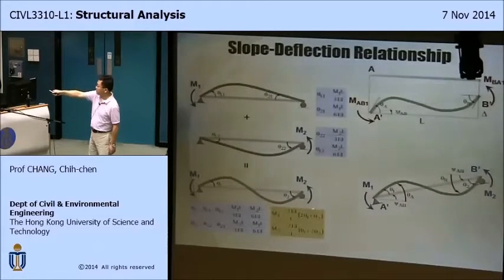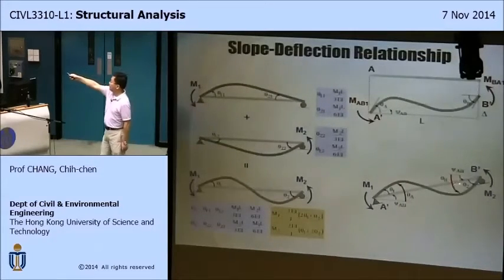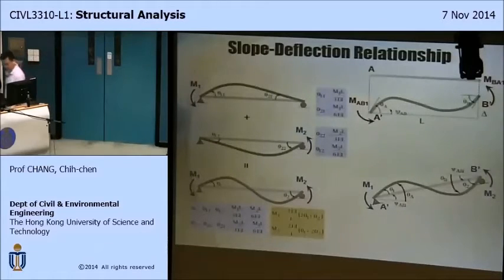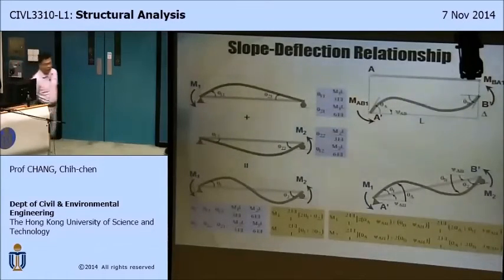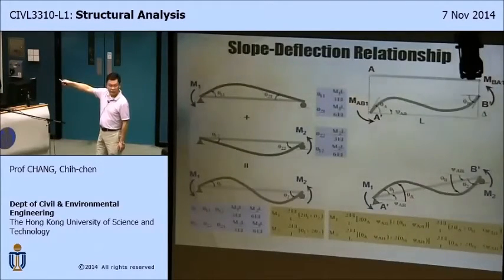You substitute in here. Similarly, theta 2 is equal to theta B minus psi AB. You substitute in here. So that's it. You don't need to do anything else, just substituting. After that, you get this equation, just substituting the relationship.